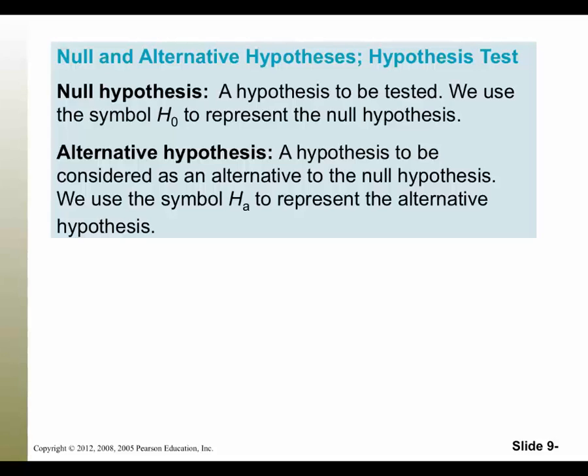This is a little vague, and it'll make sense very quickly when we start actually doing it. But there's this idea that we have the null hypothesis: is such and such true? The alternative hypothesis would be, okay, the null hypothesis is not true, so therefore we conclude this.